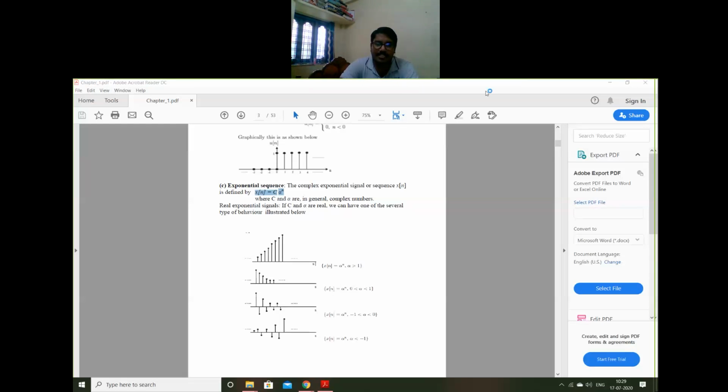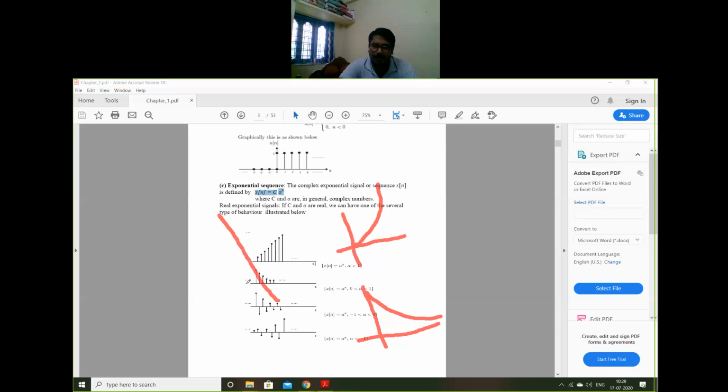So see, this is one type of exponential. I'll draw it in continuous form. This is one exponential. Tell me, is this exponential or not? Someone, yes or no? Figure 1, exponential or not? Someone please reply by looking.